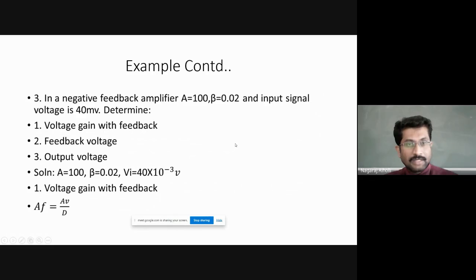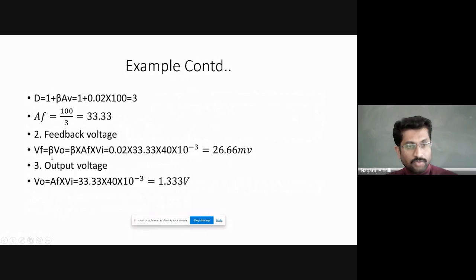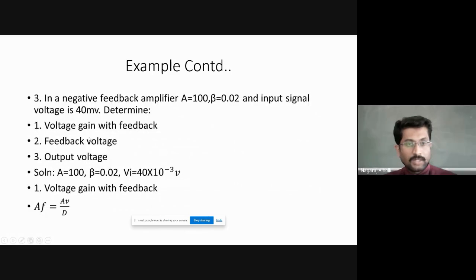In the third example, a negative feedback amplifier with A, beta and input signal Vs was given, and we found the voltage gain with feedback, the feedback voltage Vf, and the output voltage with feedback. All three with feedback.